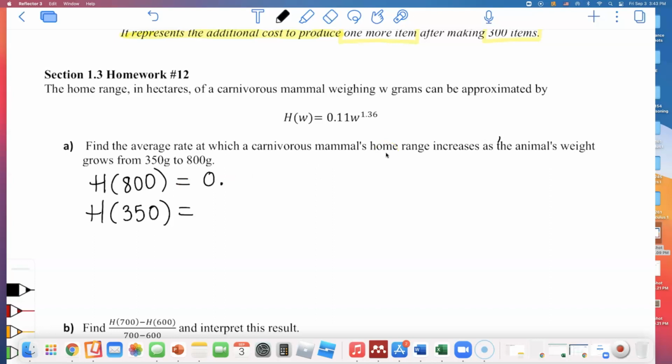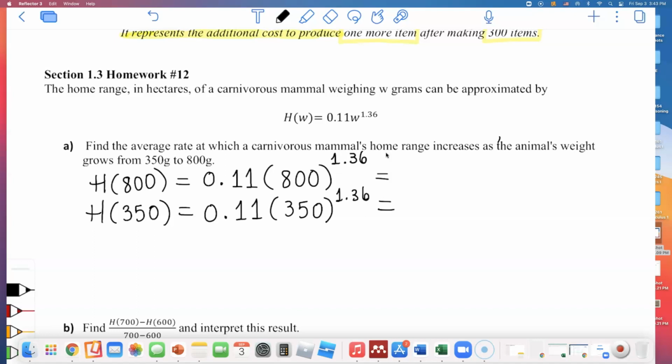So 0.11 times 800 raised to the 1.36 power. And for the smaller animal, I do the same thing with a smaller number. Definitely not a lion, right?